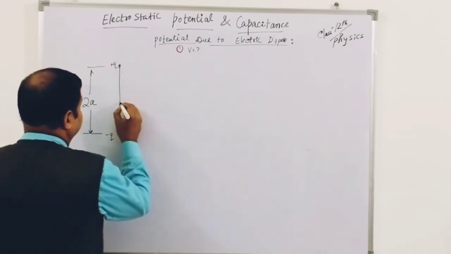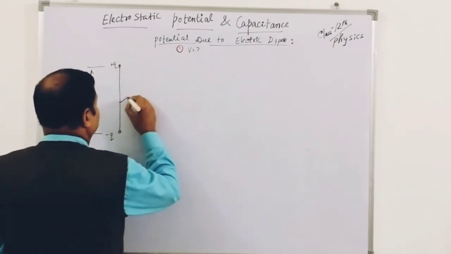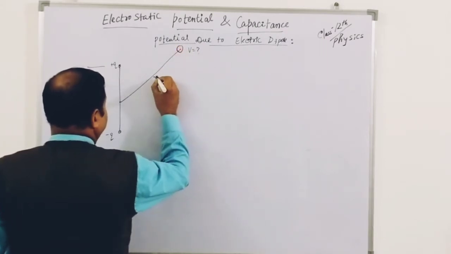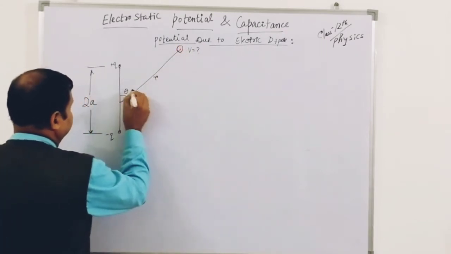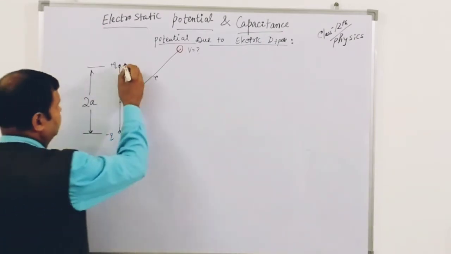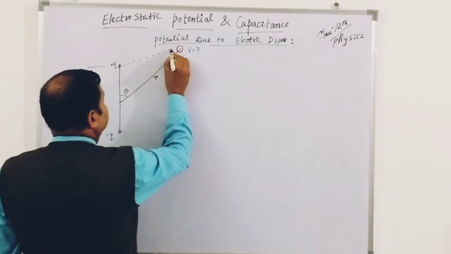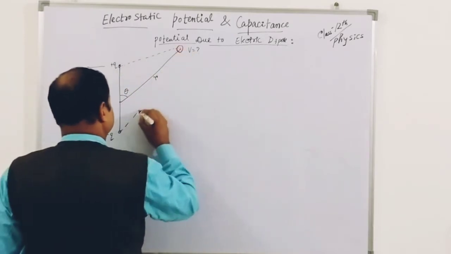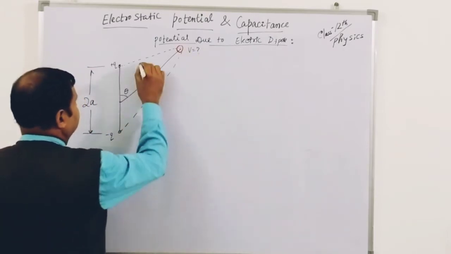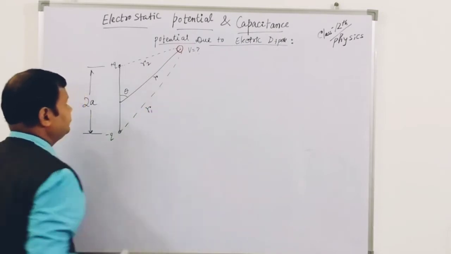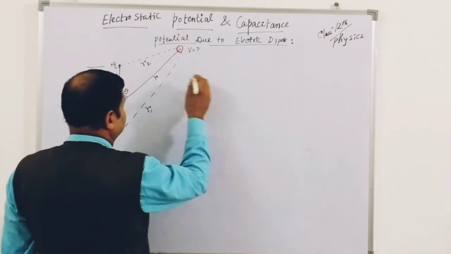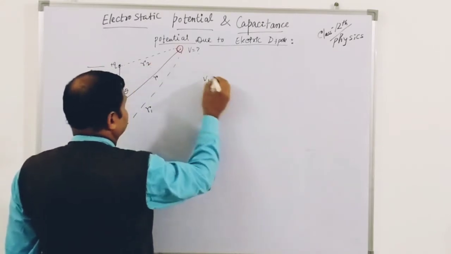From the dipole center, the distance is, suppose, r, at an angle of theta. Suppose the distances from the charges are r1 and r2, and the electrical potentials due to these charges are V1 and V2.